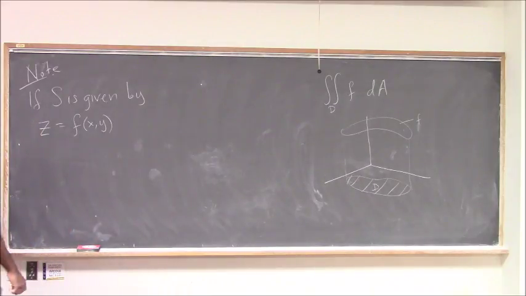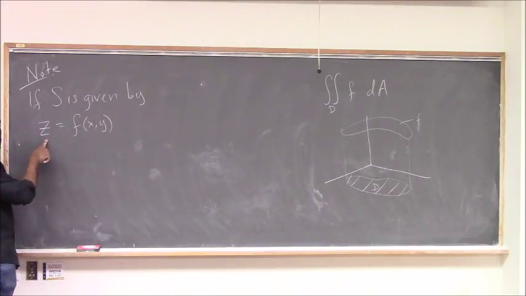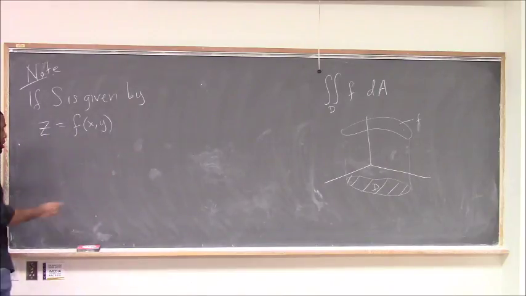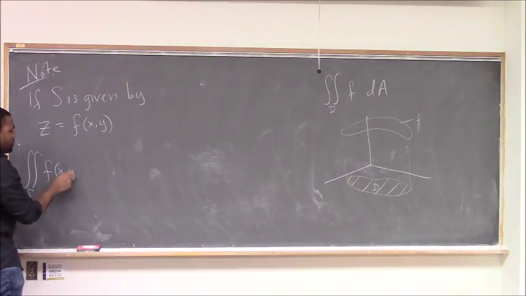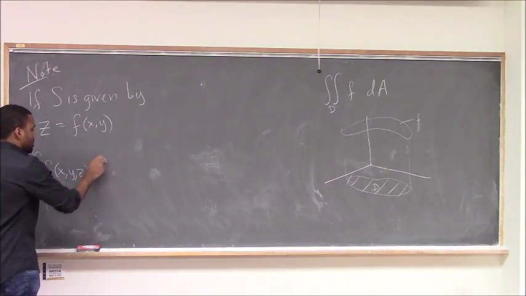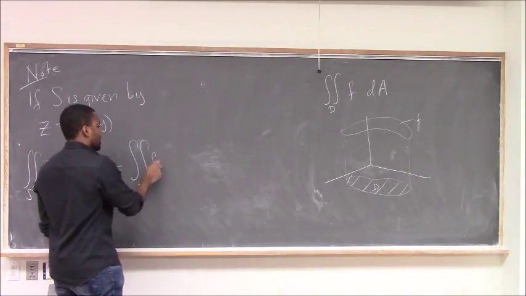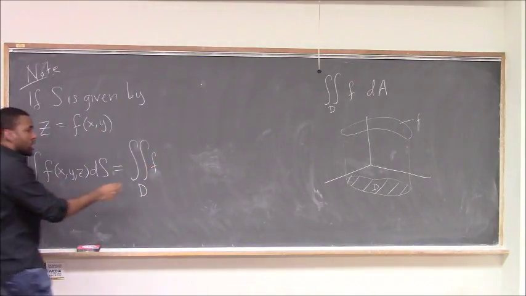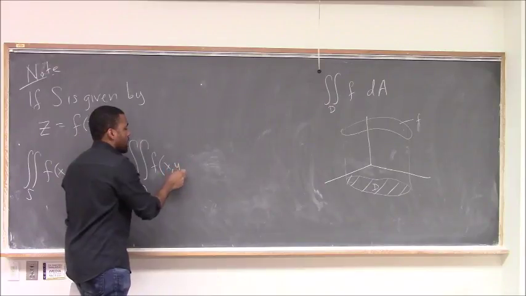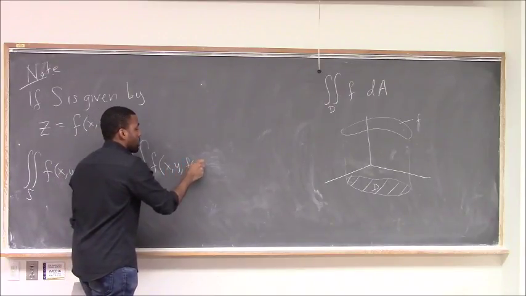Anyway, suppose we're not given a parameterization, but the surface is described to you in a scalar field. Then all that means is that the formula can be interpreted this way. You're just going to parameterize this, which is just going to be the x, y, and you're going to plug in the f of x, y.